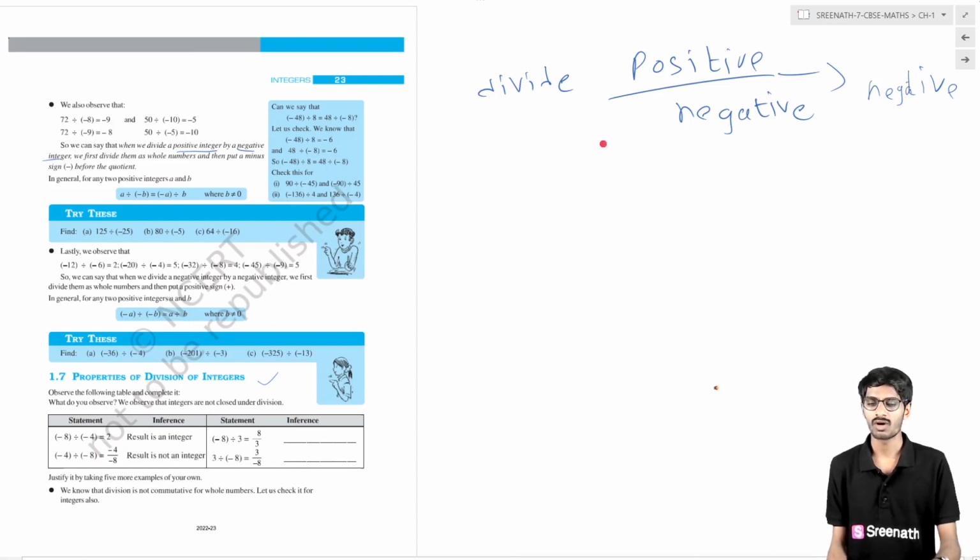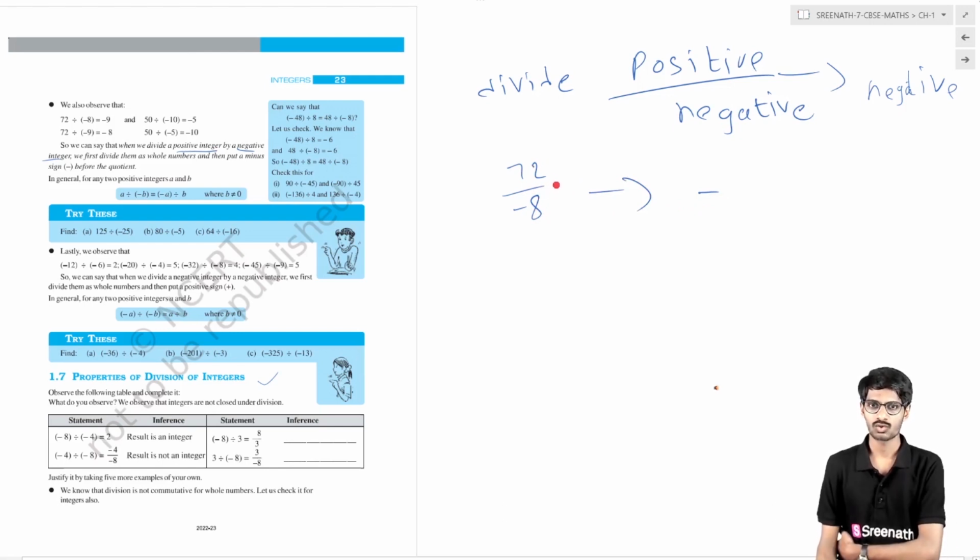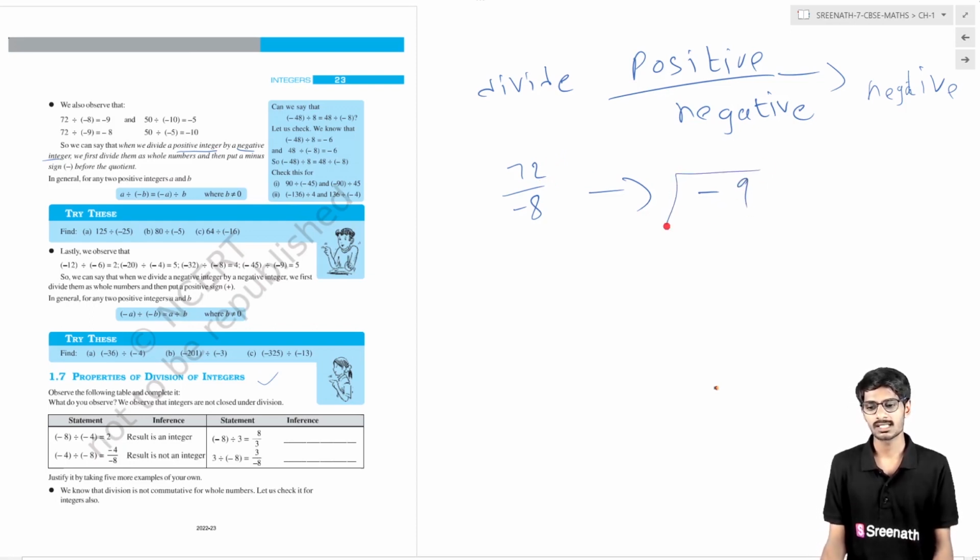Suppose we have to divide 72 by minus 8. Here is a positive number, here a negative integer, so you put a minus symbol, and treating 72 by 8 as whole numbers, you get 9. So the answer is minus 9, which is negative.